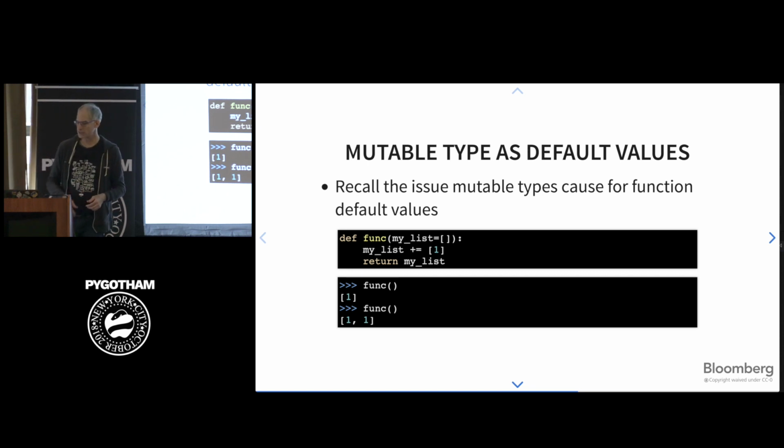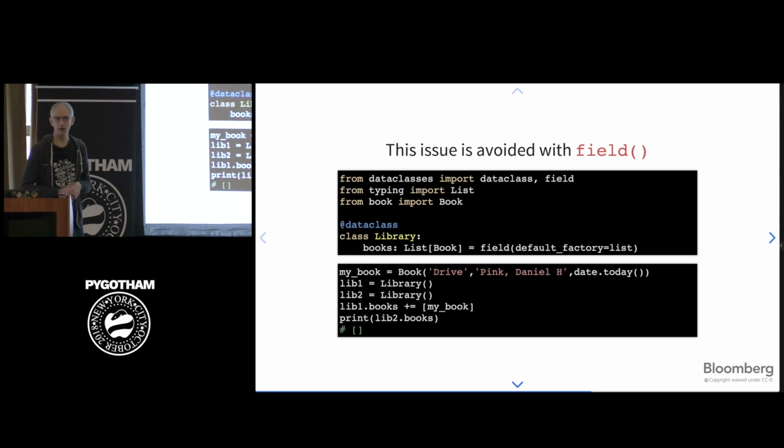So data classes want to provide you a way of, say, setting an empty list as your default value without getting you into this situation, and that's where the default factory comes in.